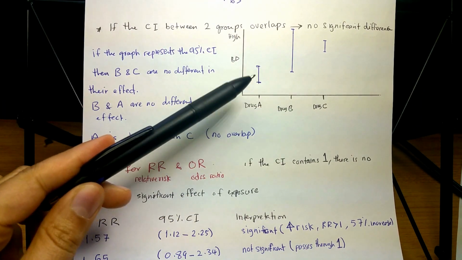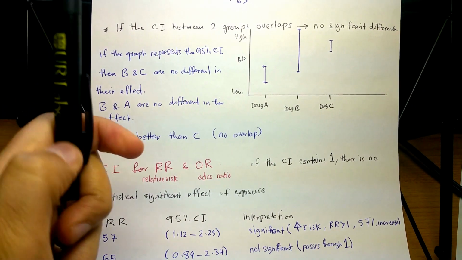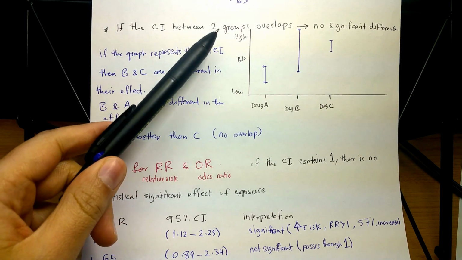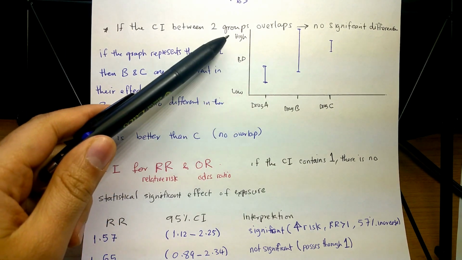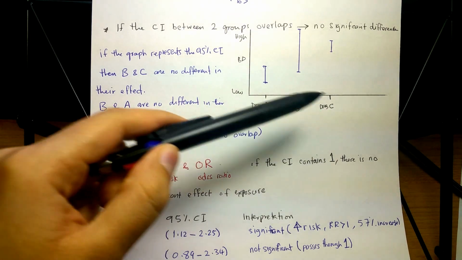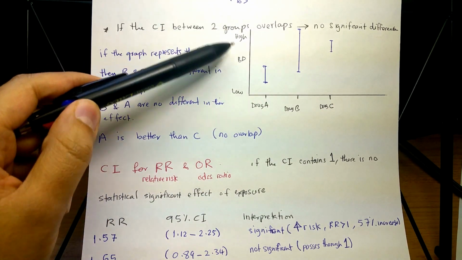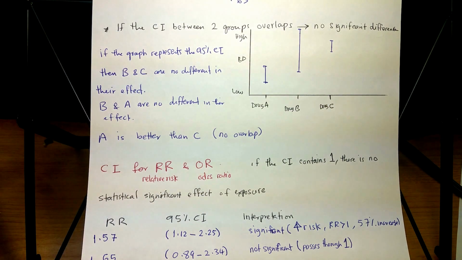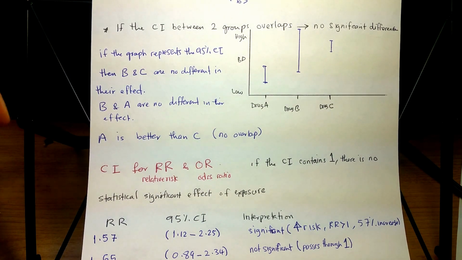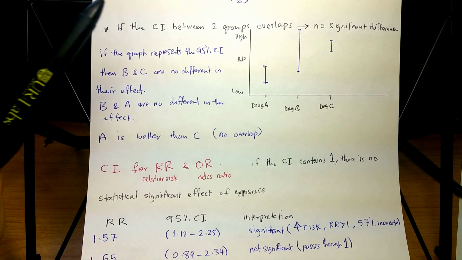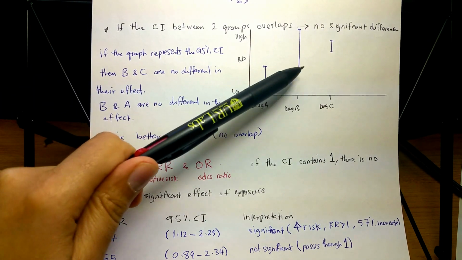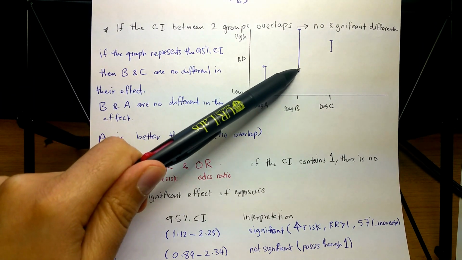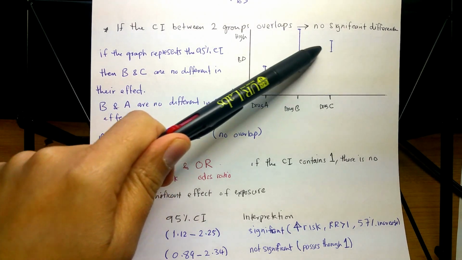So this example is from Kaplan. This graph represents people with high blood pressure and certain drugs that act on blood pressure. We want to compare them using the 95% confidence interval. Drugs A and B are overlapping. Drugs B and C are overlapping.